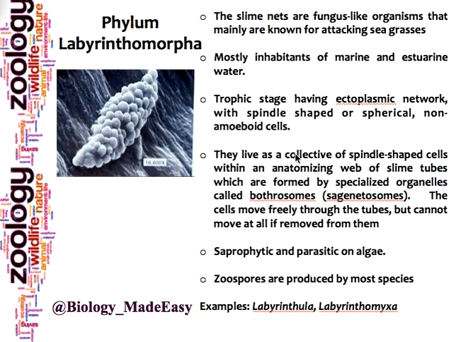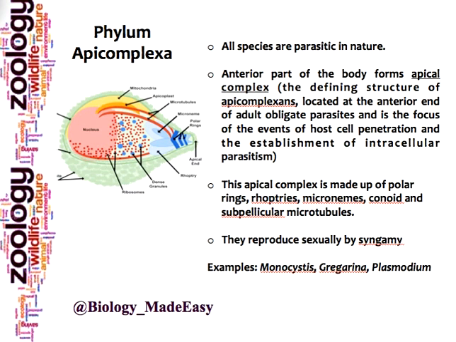They live as collective spindle-shaped cells within an anastomosing web of slime tubes, which are formed by specialized organelles called bothrosomes. They may be saprophytic and parasitic on algae in their mode of nutrition, and zoospores are produced by most species. The example is Labyrinthula or Labyrinthomyxa.